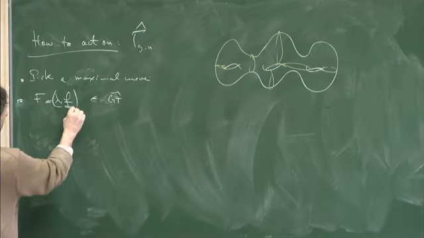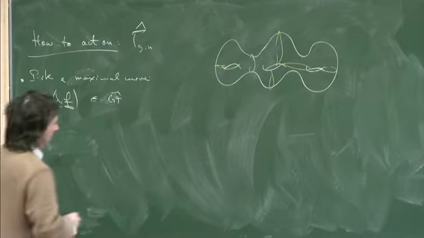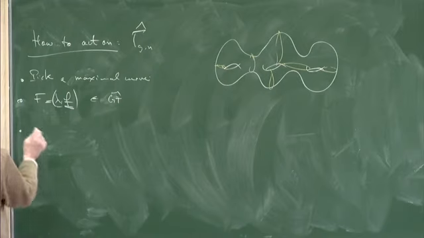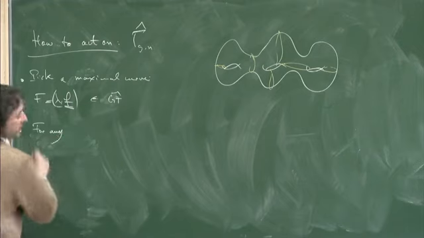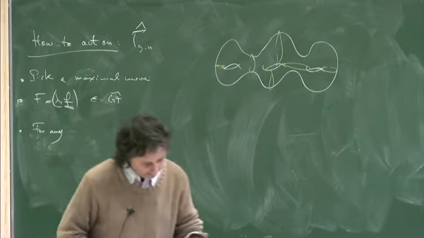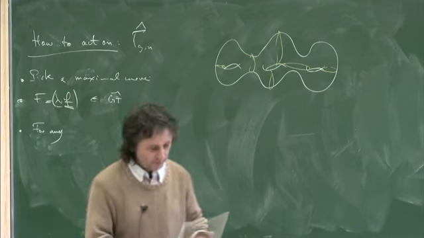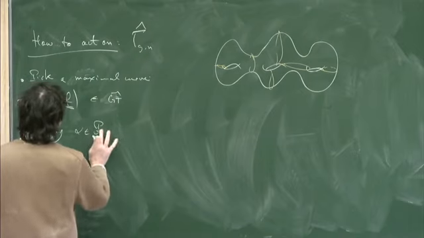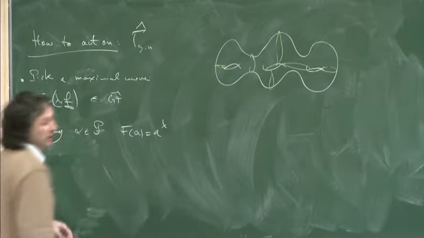What is important is f, again, as usual. And f is the same ingredient as usual. Do this and decree that for any alpha in T, f of a equals a to the lambda.